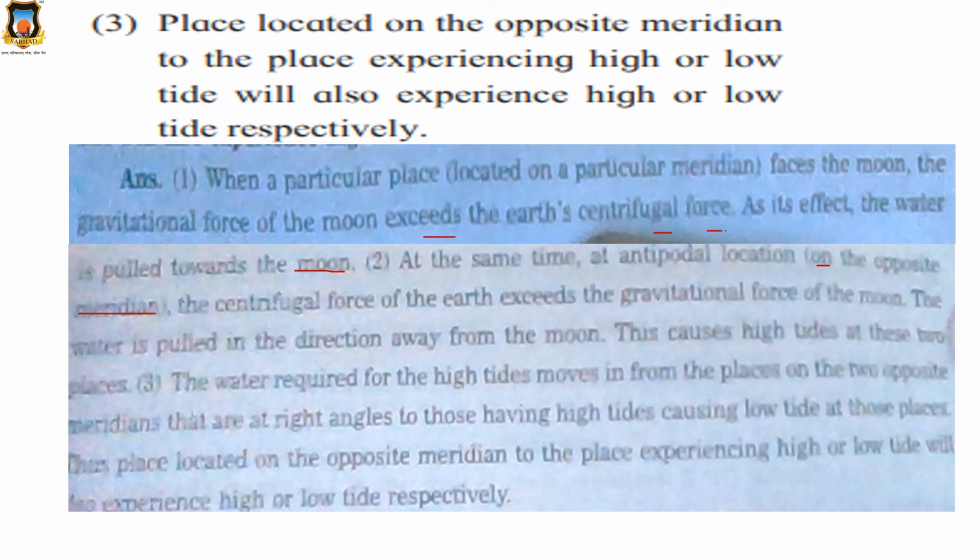Because of this high tide at these two places, the water required for the high tide moves in from the places on the two opposite meridians that are at right angles to those having high tides, causing low tide at those places. Thus, places located on the opposite meridian to the place experiencing high or low tide will experience high or low tide respectively.